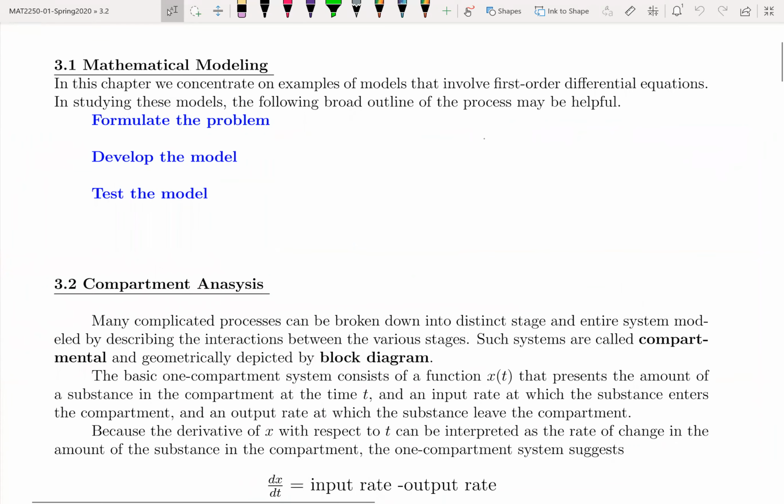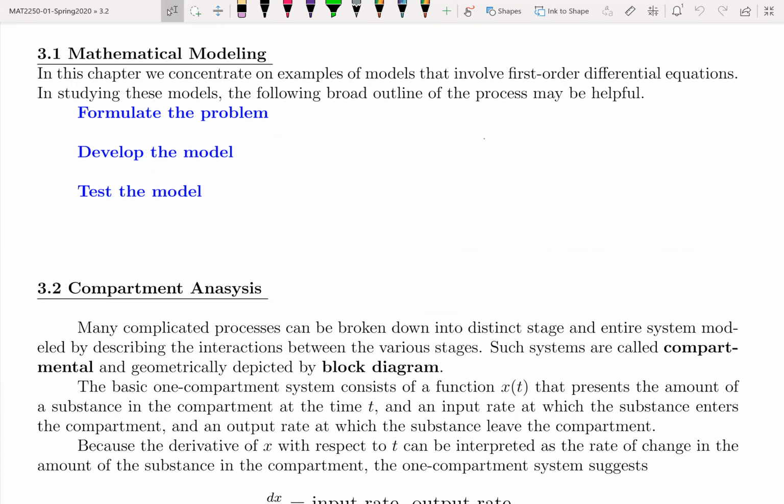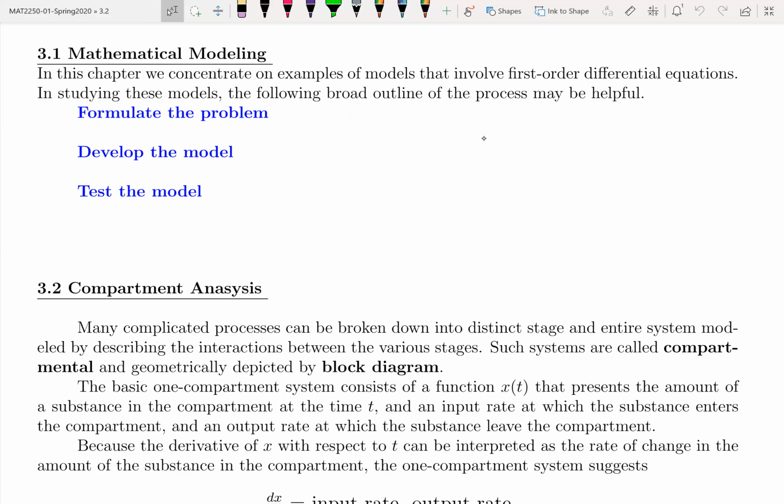It's an application problem. For now, because we have learned only separable and linear differential equations, those are really the 2 types of differential equation that you can model and solve. If you have any problem in the real world and you want to solve it using a differential equation, the first and main step is always to formulate it. It's really like any other word problem.